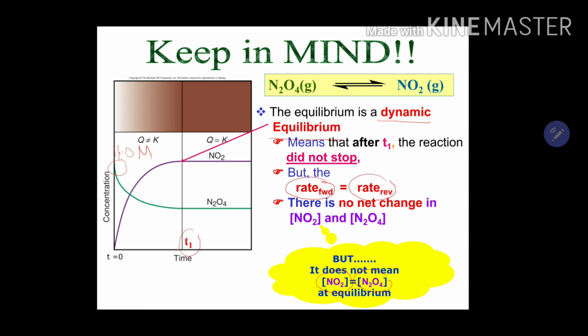After T1, it might be reduced to 0.5 molar, while NO2 starts at 0.0 molar and increases to 1.5 molar. So, definitely 0.5 molar is not equal to 1.5 molar.